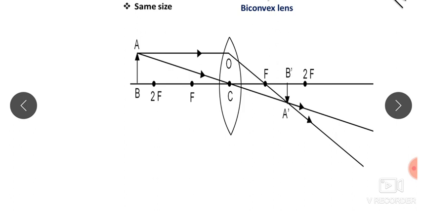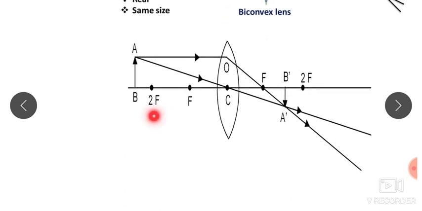Except the first case, in all the other cases we are getting a real image, that is, the object is on one side and the image is on the other side. From the first case onward, the object is taken away from the optic center. First we took it in between F and O, next at F, next in between F and 2F, next at 2F, and now beyond 2F.